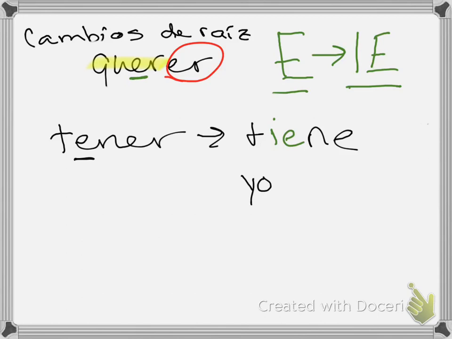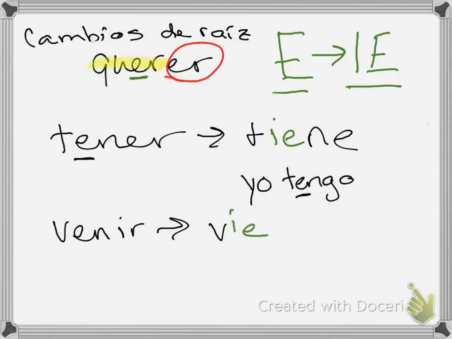It's not yo tieno, it's yo tengo, and so it doesn't have this change in yo tengo. And the other verb similar to that is venir, which is to come. So this would be viene, but if my subject is yo, it's yo vengo. So it also doesn't change in the root in yo because it's changing here at the end.